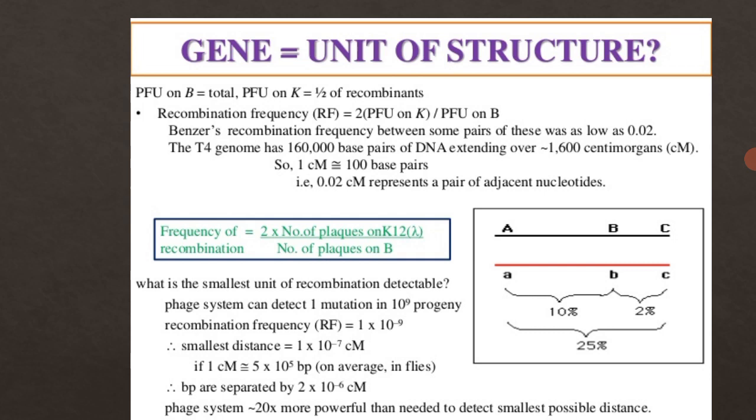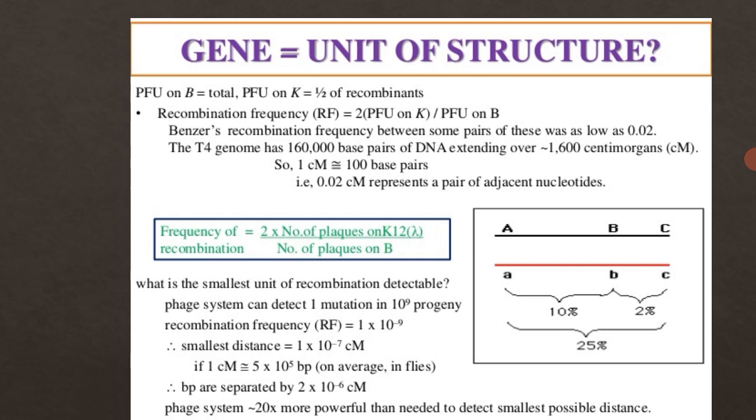As you can see, the number is very small, so we can say the recombinant frequency is very high, right? The smaller the number, the higher the recombination frequency, and the bigger the number, the lesser the recombination frequency, okay.